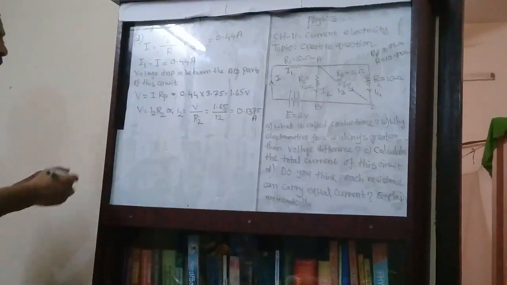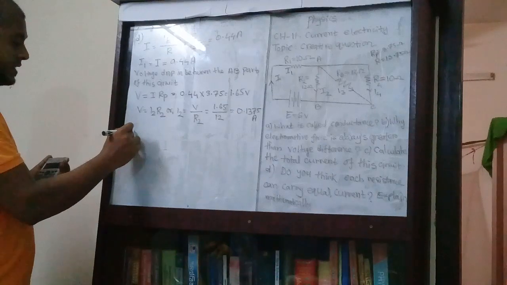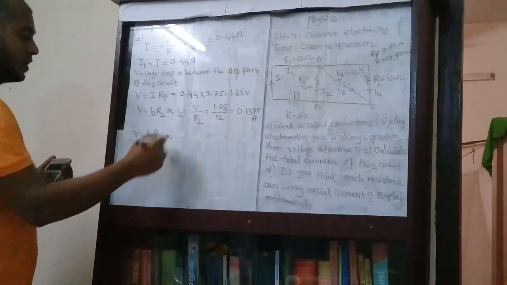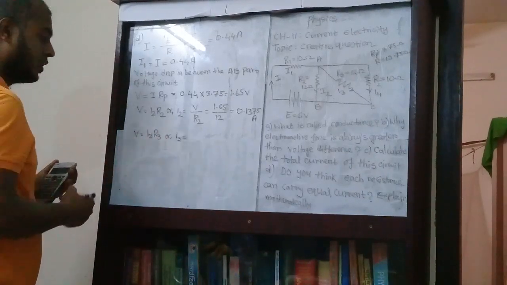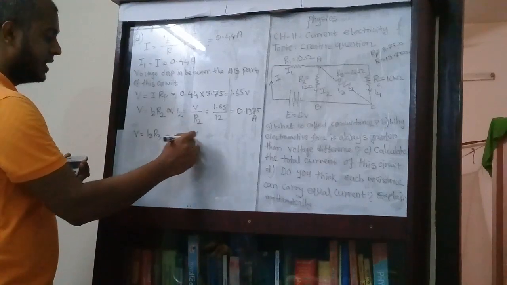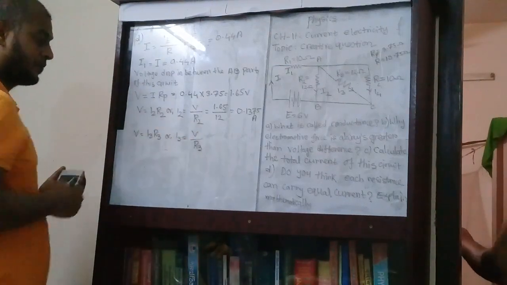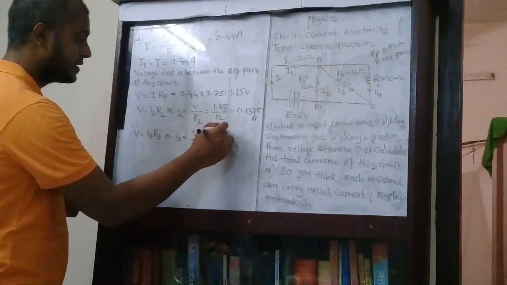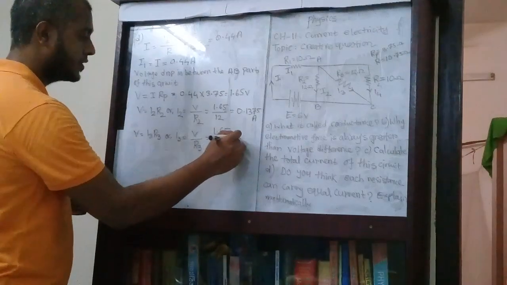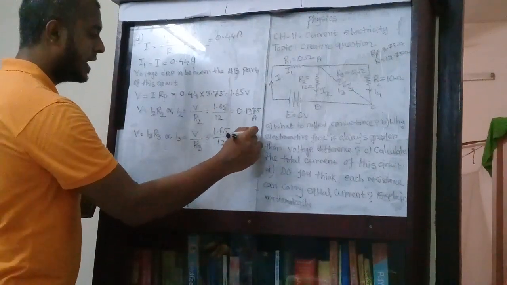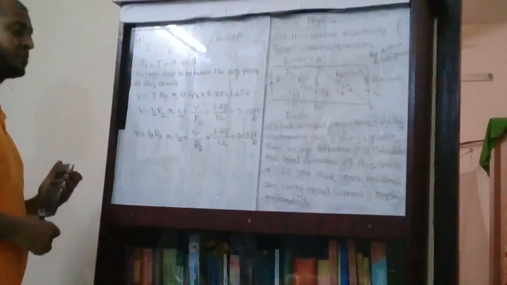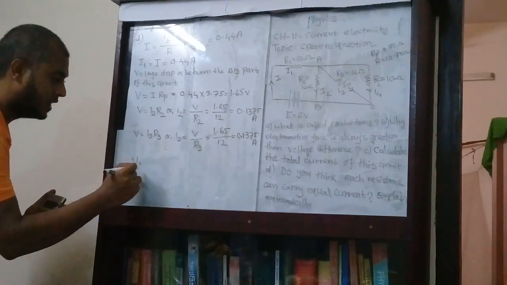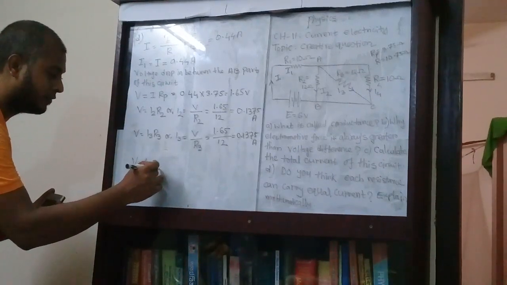And then for R3, V equals I3 into R3, so I3 equals V divided by R3. This will give you the same result, 1.65 divided by 12, equal to 0.1375 ampere.